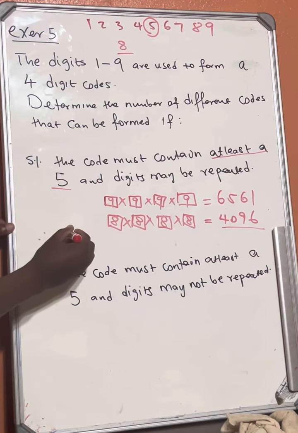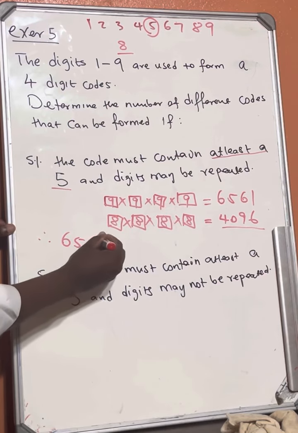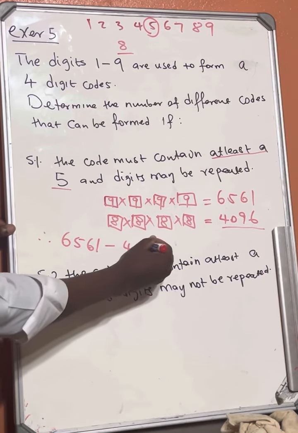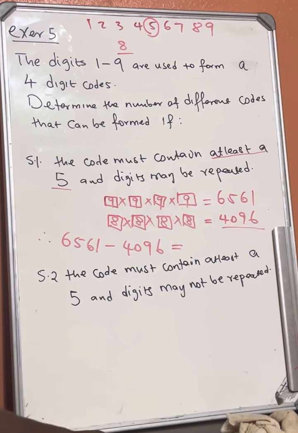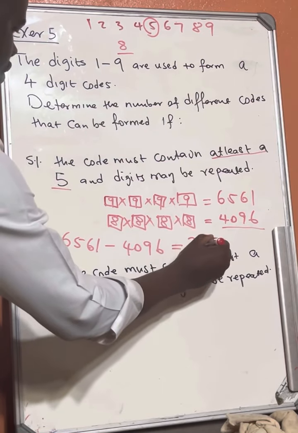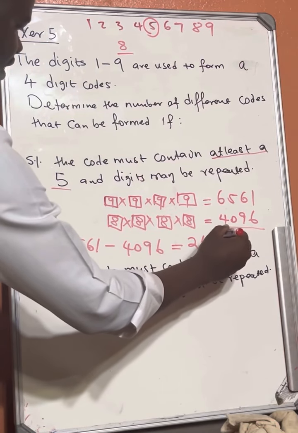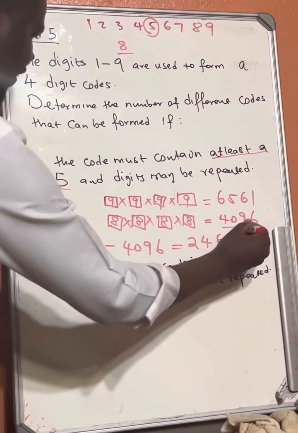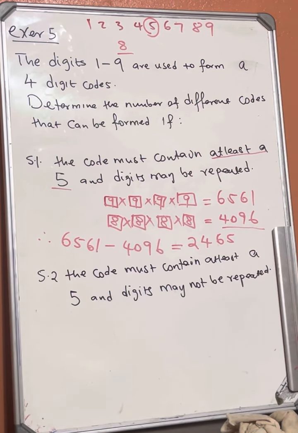The answer will be 6561 minus 4096. So the number of codes that contain at least a 5 is 2465 codes. You see how easy it is.